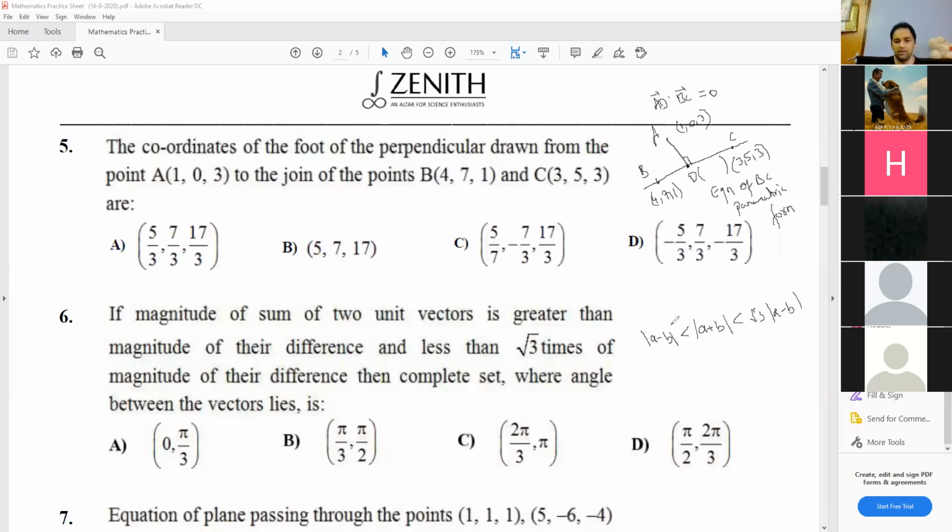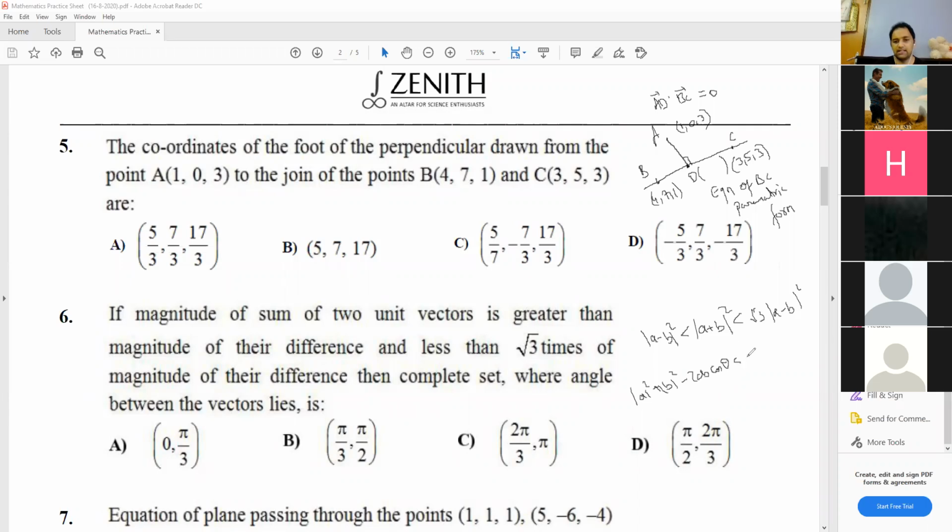Now from here, if we square this entire relation, what would be A minus B whole square? Mod A square plus mod B square minus 2AB cos theta.